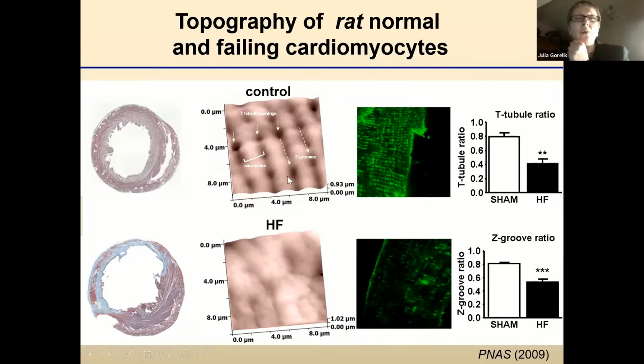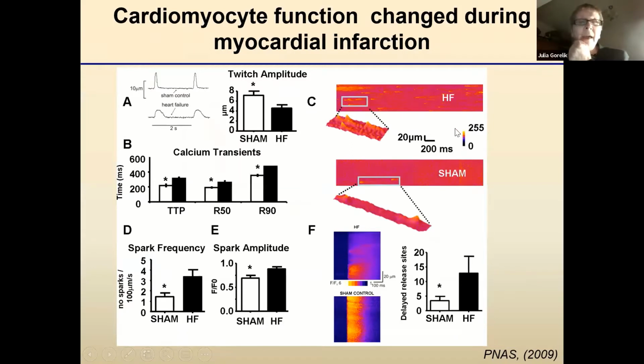When you have good organization of the cardiomyocytes and Z-line, you have a high Z-groove index. When you have very low organization of the Z-groove, you have a very low Z-groove ratio. We found the cells after myocardial infarction have a very low Z-groove ratio and T-tubules. In parallel, we checked differences in the calcium transient, spark amplitude, and spark frequency.